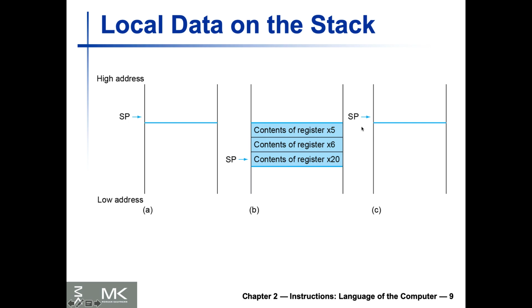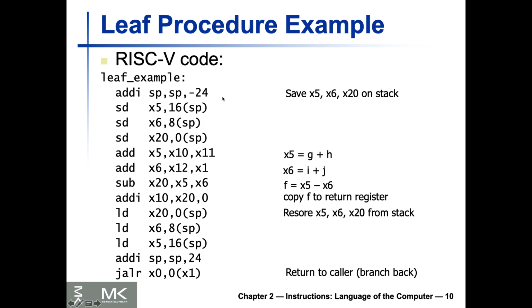As an example that we talked about in the class, we were asked to implement a small addition and subtraction using stack. Since we were dealing with 3 variables, so 3 registers in a stack, we had to adjust the stack pointer by 3, which is minus 24. Each of those are 8. And then you started to store each of those.